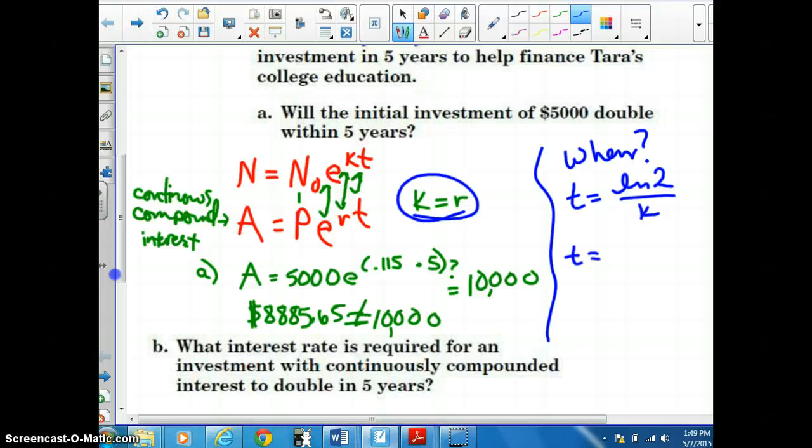We're going to figure out what the time is going to end up being for it to double if the interest remains at 11.5%. And we find out that t is approximately 6.03 years. So we really need another year invested before the investment of $5,000 will double.